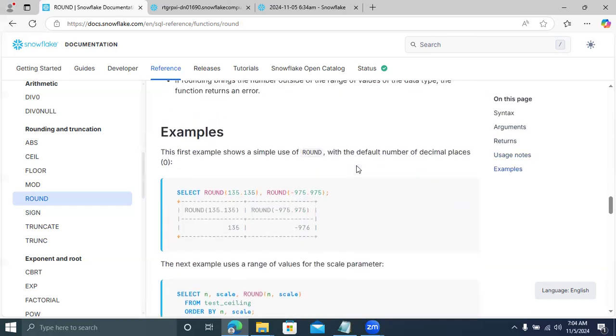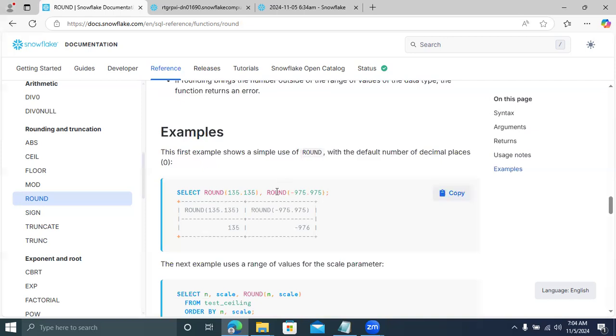Now, if you look here, I am passing 130.135. What's the value finally getting? 130.135. Who is getting 130? Where are you getting 136? No, sir, you're getting only 135, because the round function will do the ceil and floor.